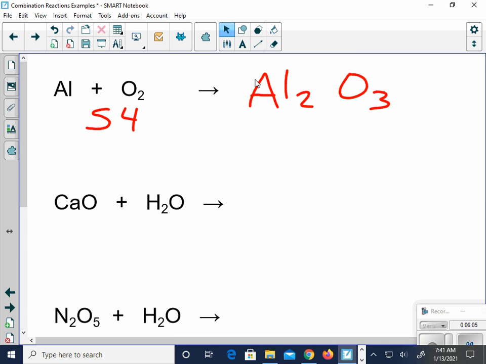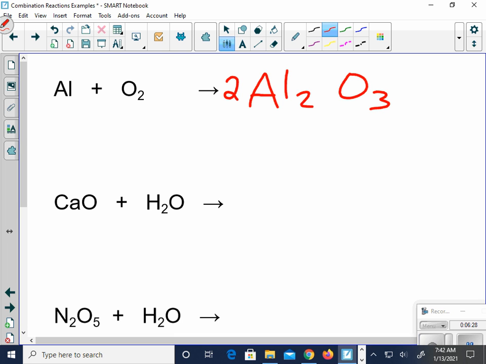Now, what's the final thing that I need to do? I need to balance this because it is not balanced. And I can see that with my oxygen there, I've got an even-odd problem. So I have to make this odd even. So I'm going to take that to 6.